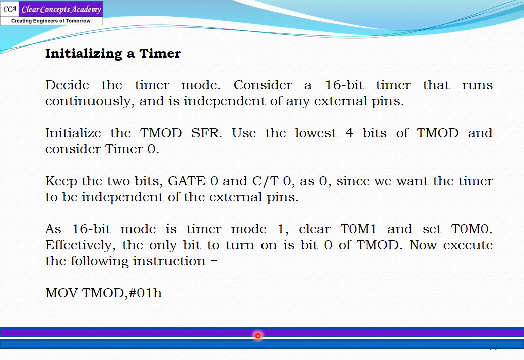So if you move 01 to TMOD, what will happen? Timer 0 will run as a 16-bit counter irrespective of external pins. This is clear. Okay, this is what will happen.